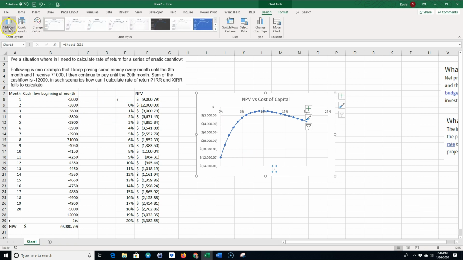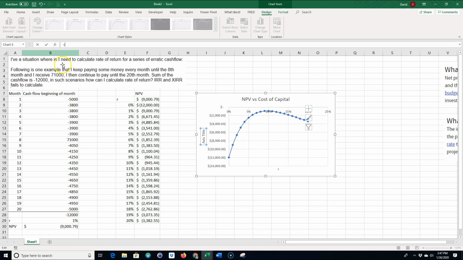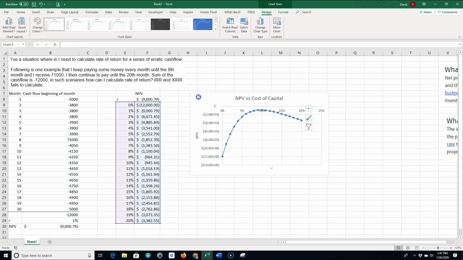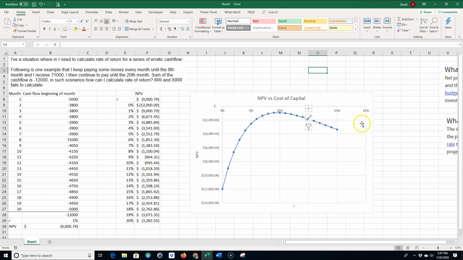And then I'm going to go Add Chart Element, Axis Titles, Primary Vertical. I'm going to go equals NPV. Okay, so this is the NPV at different costs of capital.